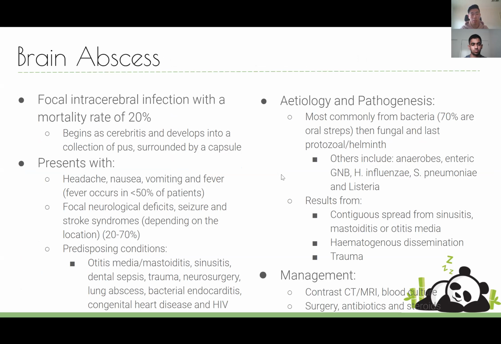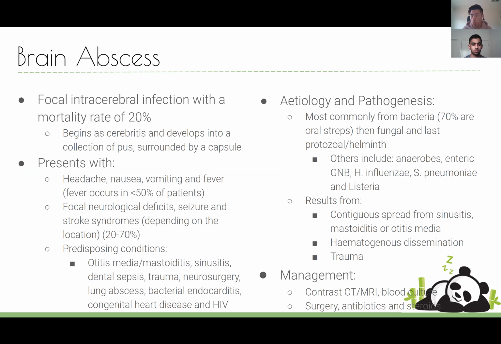All right, so brain abscesses. These are focal intracerebral infections, and basically they start as an infection and then pus develops and a capsule builds around it. You can get headaches, nausea and things, you can get focal neurological deficits. Predisposing factors are infections near the brain, which can then spread, or trauma, or infective endocarditis, which causes emboli to seed into the brain and might start a brain abscess.